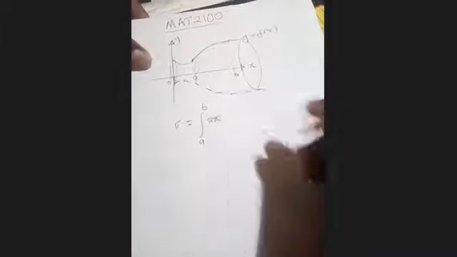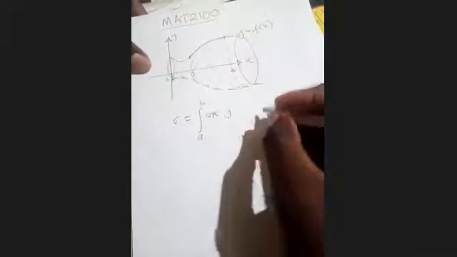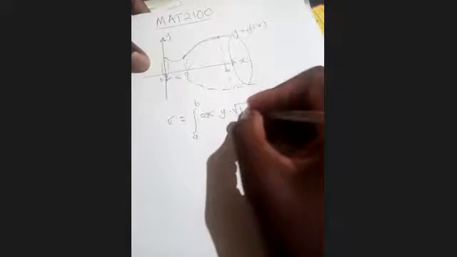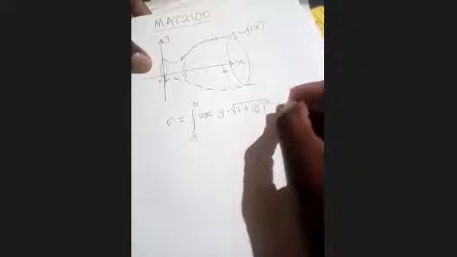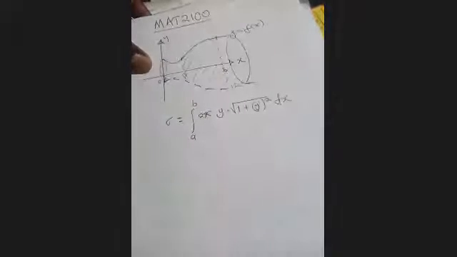Then we multiply by our function y, okay, multiplied by the arc length. So you know the formula for arc length is simply the square root of 1 plus y prime squared dx in this form. Okay. So that's the formula that we use.